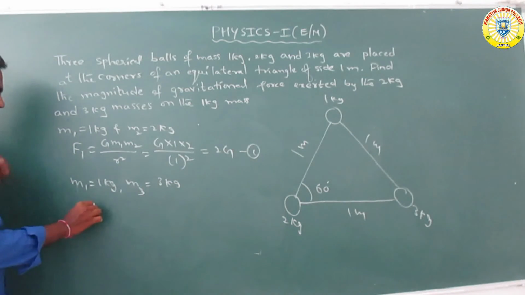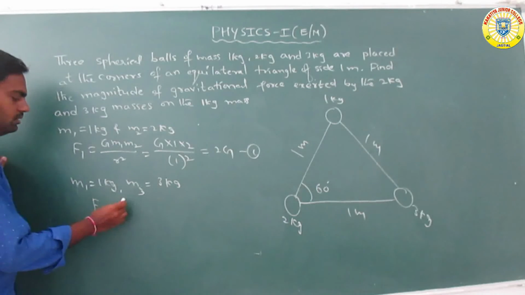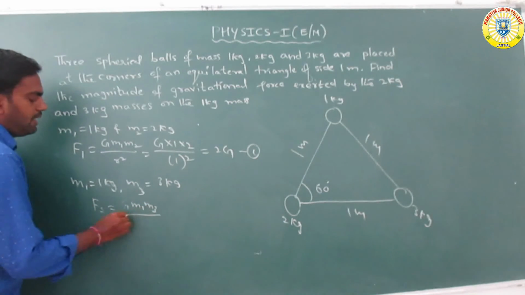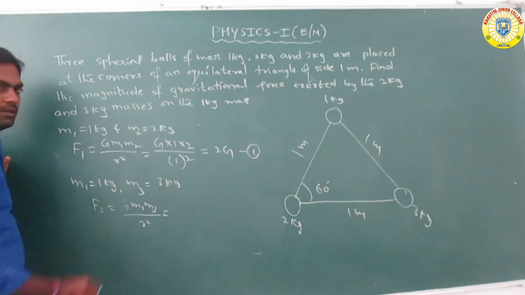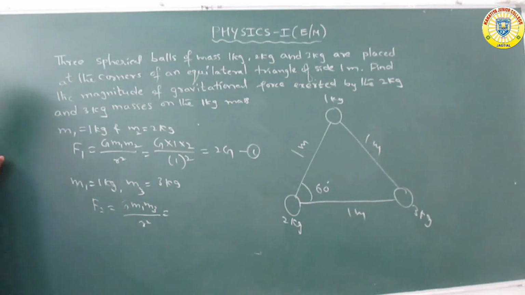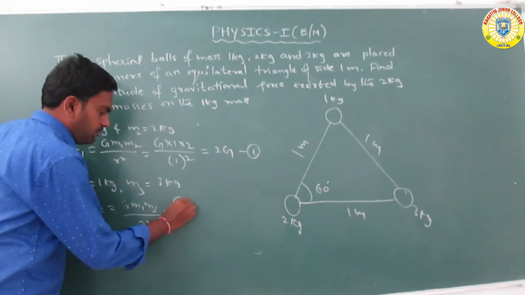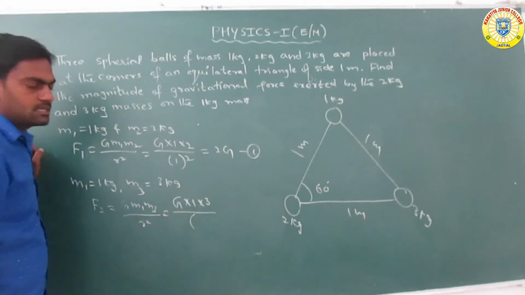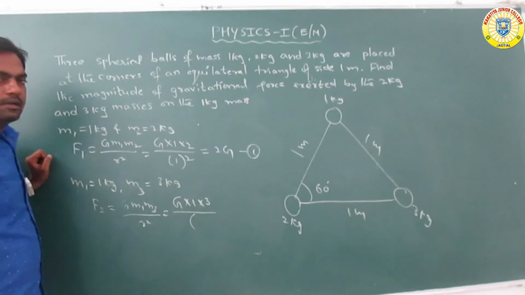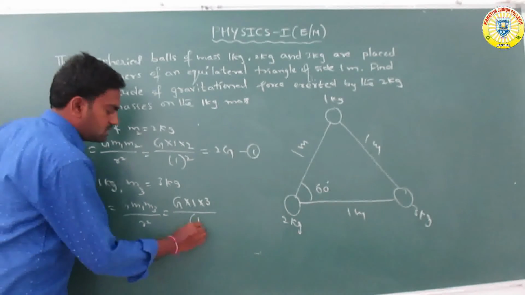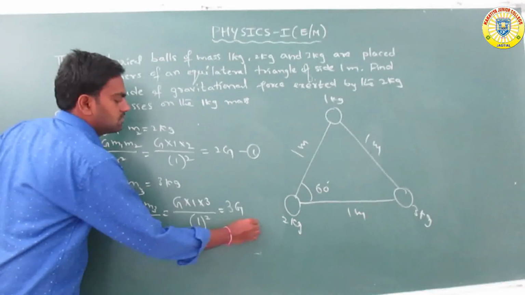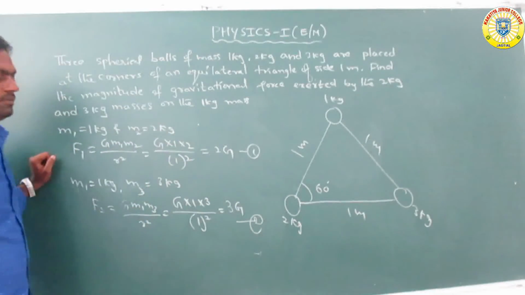Now the force F2 is equal to G M1 M3 by R square, so G into 1 into 3 by the distance square, 1 meter square, which is 3G. That is equation 2.